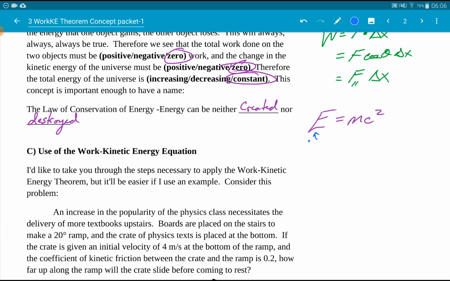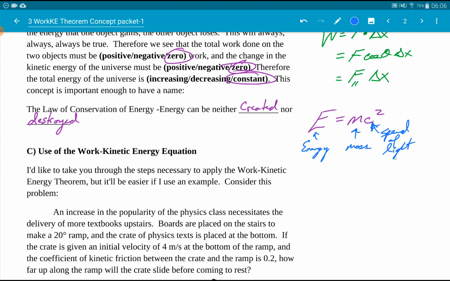Guess what E stands for? Yep, energy. Guess what M stands for? Easy. Mass. C? That's the speed of light, which is generally a constant through a vacuum. It changes when going through air or water or glass or something like that.